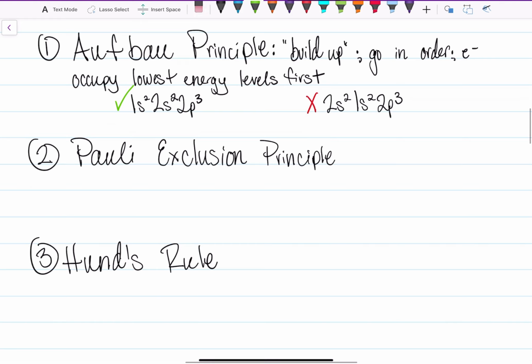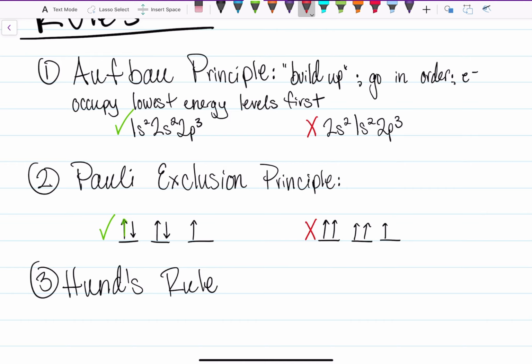For the Pauli exclusion principle, you're going to notice that when we start drawing these pictures, those boxes, those orbitals, they can have a maximum of 2 electrons, but only if the electrons are pointing opposite directions. For example, if we were drawing some orbitals, this is acceptable because our electrons are going in opposite directions. This would be unacceptable. Our electrons are going in the same direction here, and that's not okay.